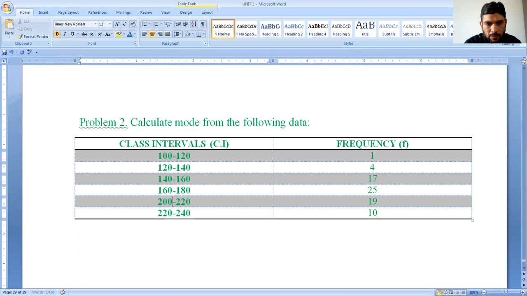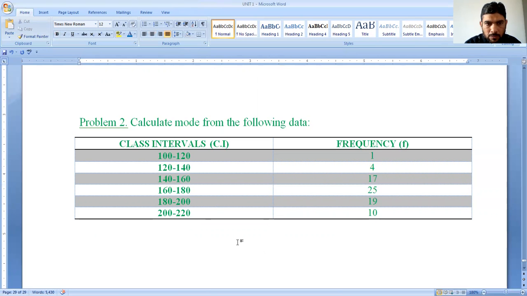Here we have one little change in the class interval, keeping in view that the class intervals have the same gap, that is 20. Now we have the respective frequencies.